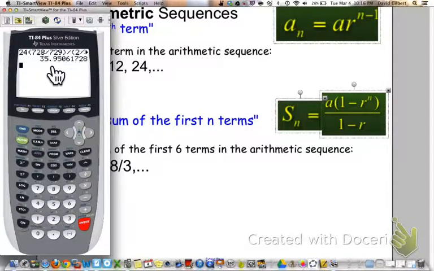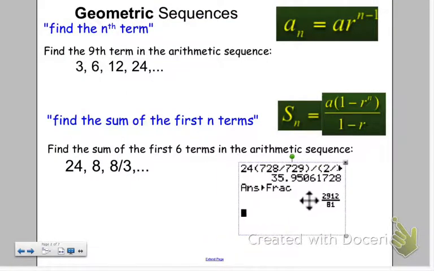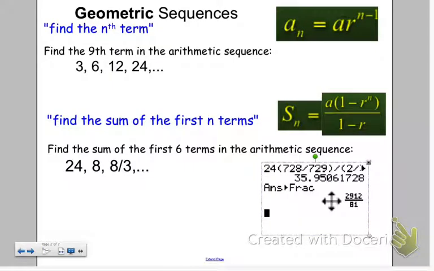It gives me a decimal because even my calculator doesn't like it. Hit math, fraction, enter, and there we go. There's our final answer. Oh, whoops, I don't know how to make that drawing come up again, but there's our final answer. If you didn't get the notes from before, just rewind it and watch that.